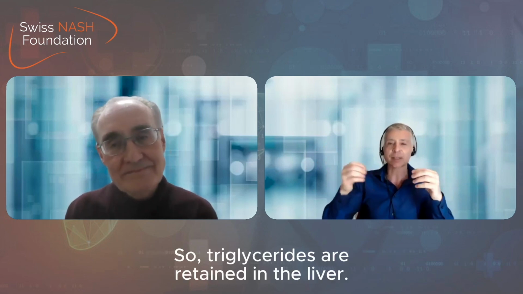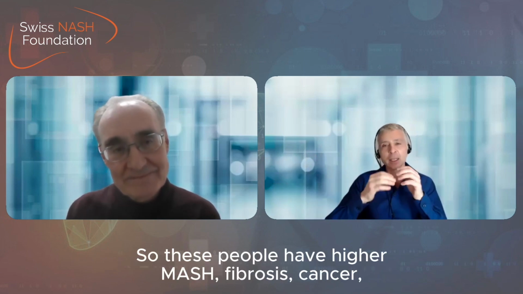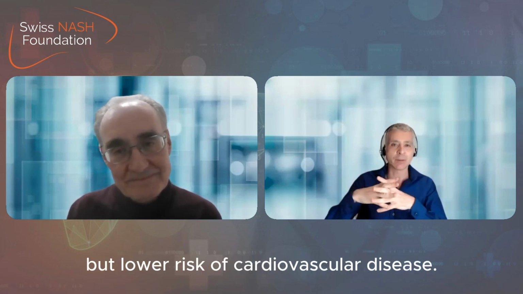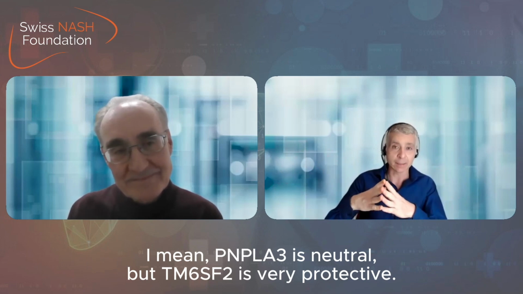So triglycerides are retained in the liver, triglycerides increase, but the lipoprotein decreases. So these people have higher MASH, fibrosis, cancer, but lower risk of cardiovascular disease. I mean, PNPLA3 is neutral, but TM6SF2 is very protective.